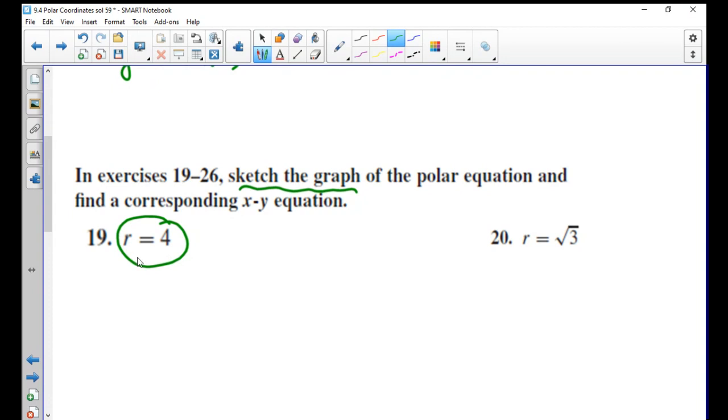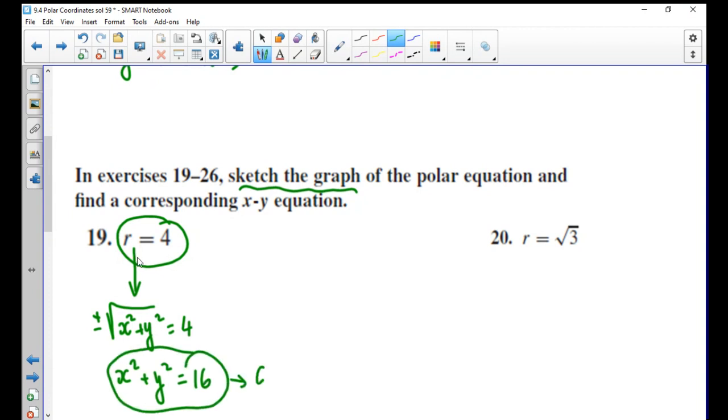Of course, you can change this into x and y if you want. What is r? The square root of x squared plus y squared equal to 4. Then you square both sides. You get x squared plus y squared equal to 16.